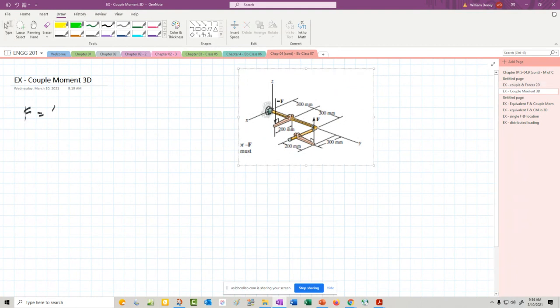All right, we are given that the force is 50 Newton meters. Since I have an F and a minus F, that tells me that I have a force couple. I don't see anything else acting on this.